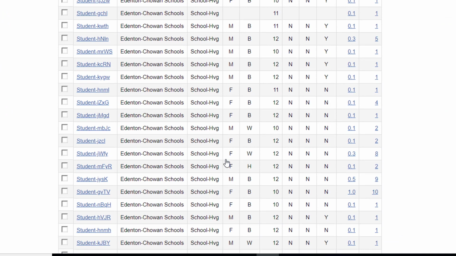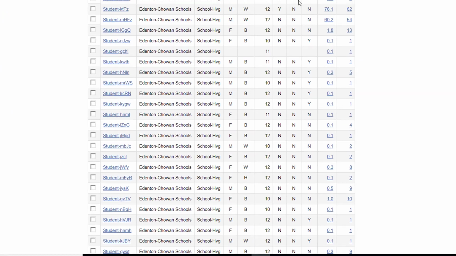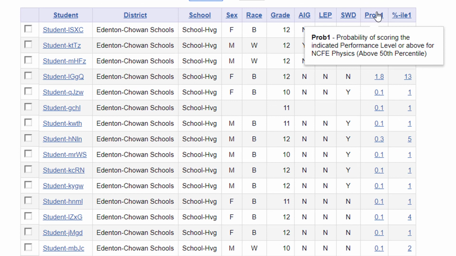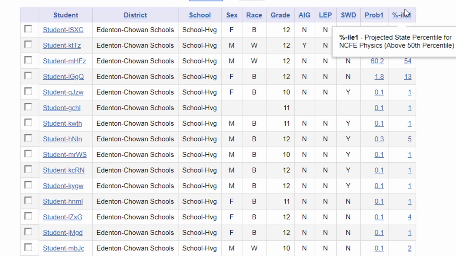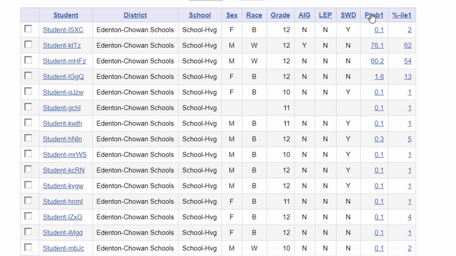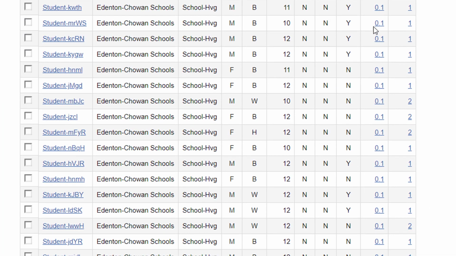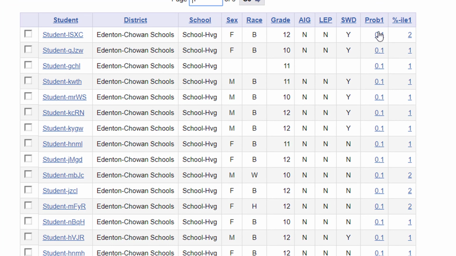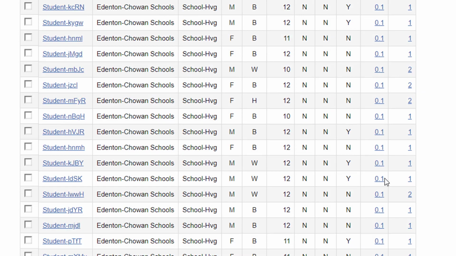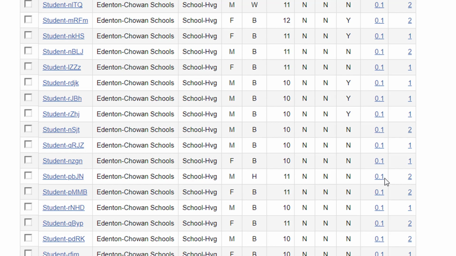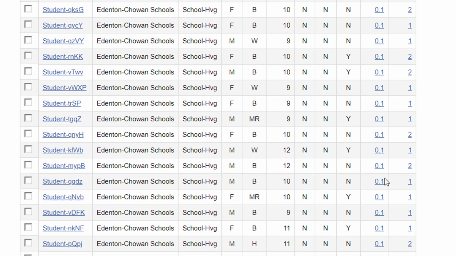So I get a list of students, again with all their demographic information, what their probability is of scoring above the 50th percentile, and then what their actual percentile projection is. So I'm going to sort it again. Look at all the students in that particular school that have a 0.1% chance of scoring above the 50th percentile in physics.